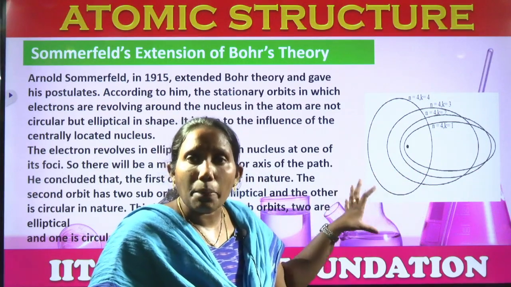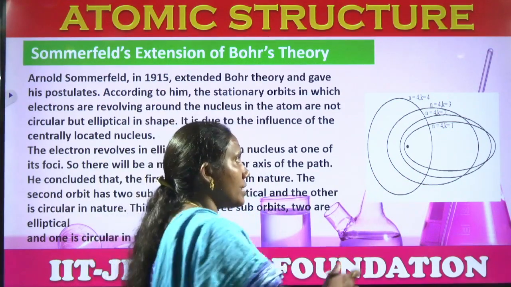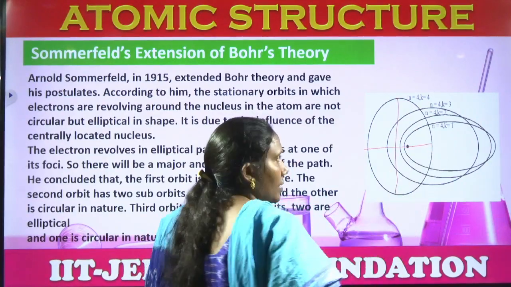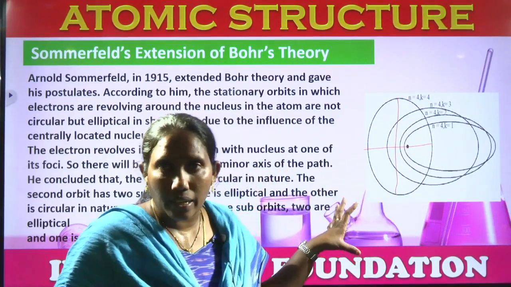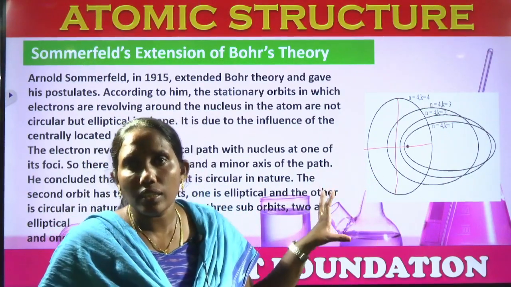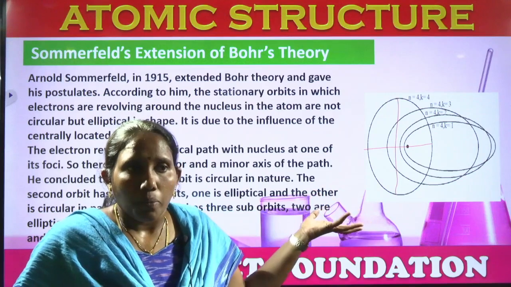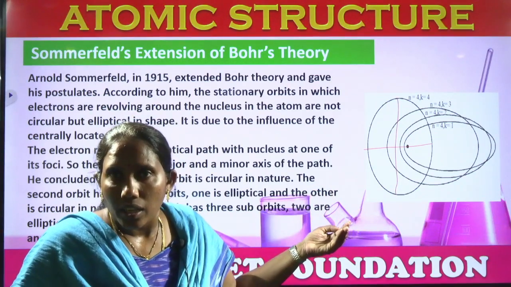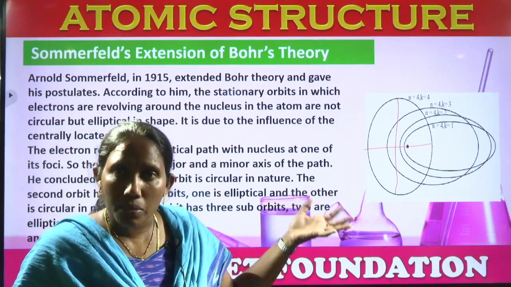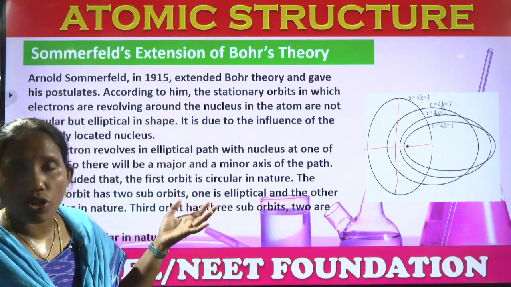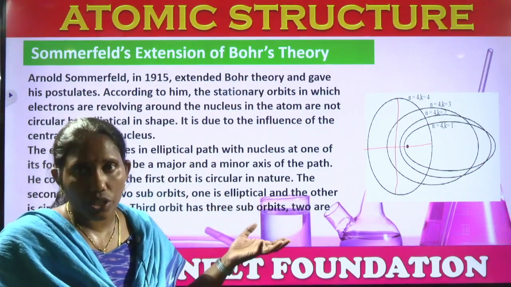There is an elliptical path, because if you consider the major axis and minor axis, if both are fixed, then the path is circular. When we change the major axis or minor axis, it gives the elliptical form, which means it is not fixed, not in a stationary state.